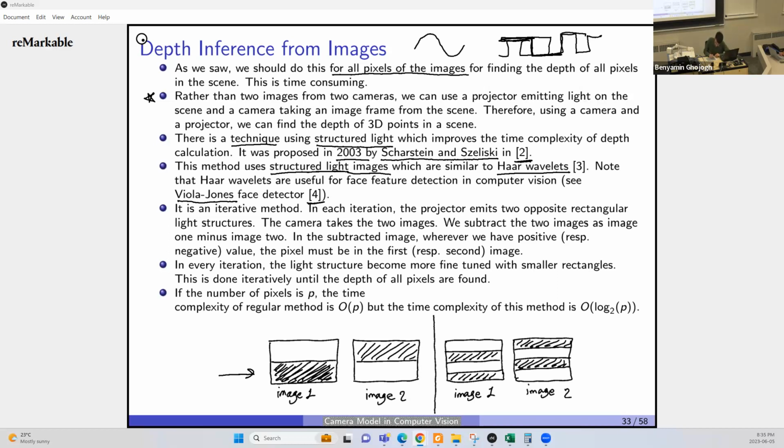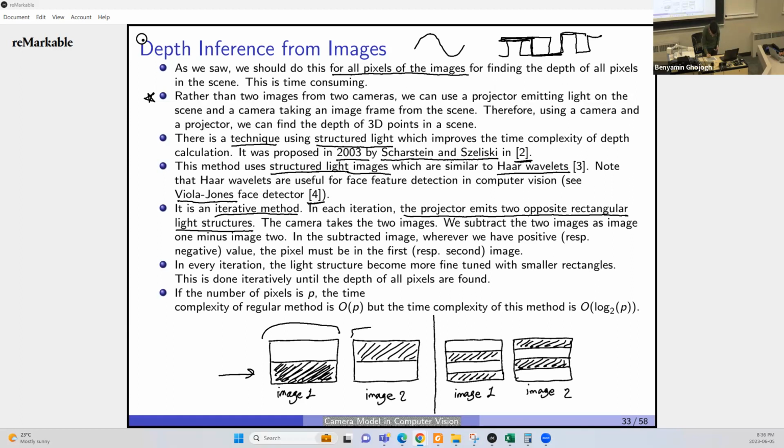Also here, similar to that, these structured light images, which are similar to Haar wavelets, are an iterative method. What do they do in each iteration? The projector emits two opposite rectangular light structures, such as this. Once it divides the image into two parts, one part 1, one part 0, one part black, one part bright.